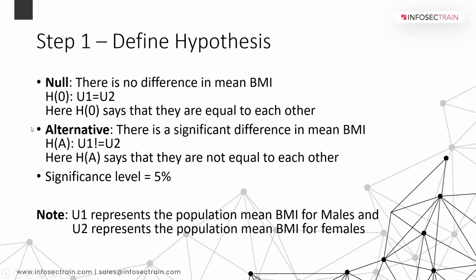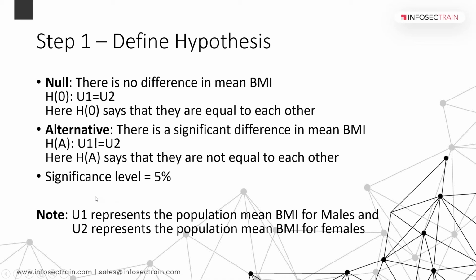Then the alternative hypothesis is the opposite of the null hypothesis. So here the alternative hypothesis is that there is a significant difference in mean BMI, μ1 is not equal to μ2. It means the mean BMI of female is not equal to the mean BMI of male, and vice versa.